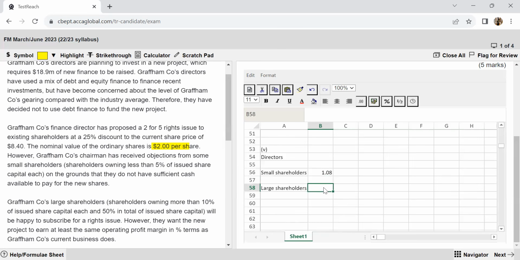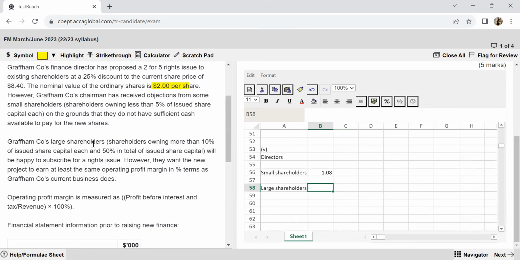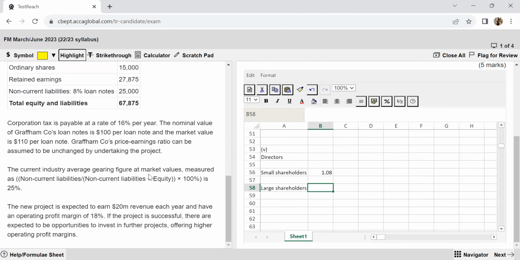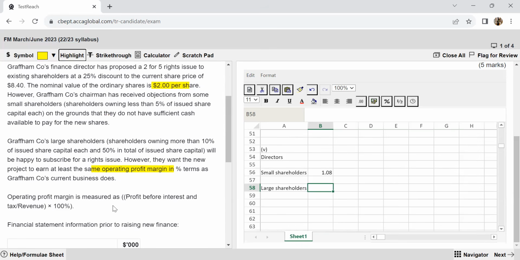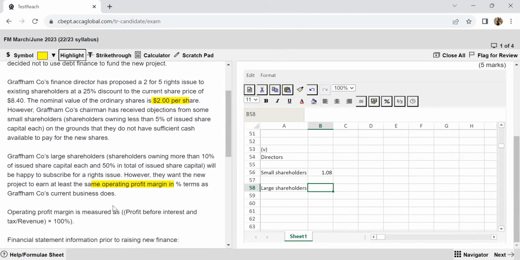And then talking about the large shareholders, it is said over here that they want the new project to earn at least the same profit margin as the current business. So currently, how much is our operating profit margin? Let's find that out as well.